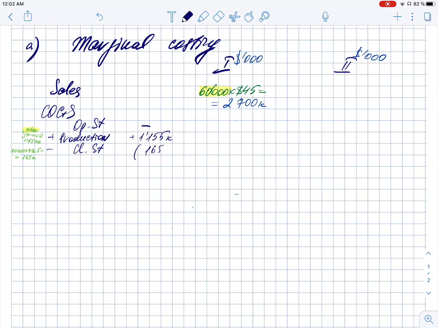So we have to deduct 165 in order to calculate cost of sales using marginal approach. I will add here the word marginal in order to state the method we used, and we have to deduct 990 out of sales in order to calculate manufacturing contribution.